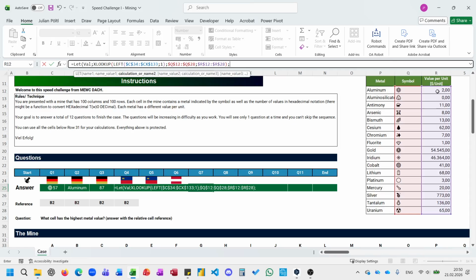And then U is units, it's HEX2DEC of this, right?